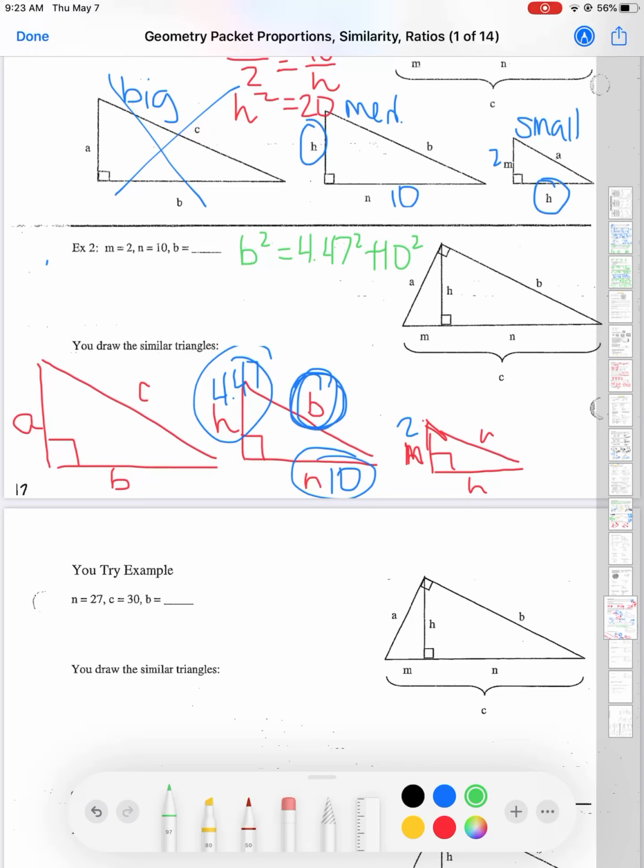When you take 4.47 squared plus 10 squared, you get 119.9809. And then when you take the square root of that, you get about 10.95. So we get that B equals 10.95.